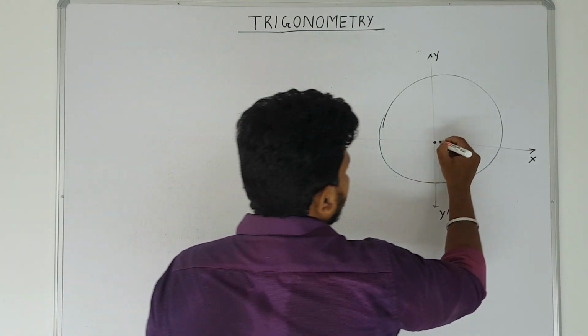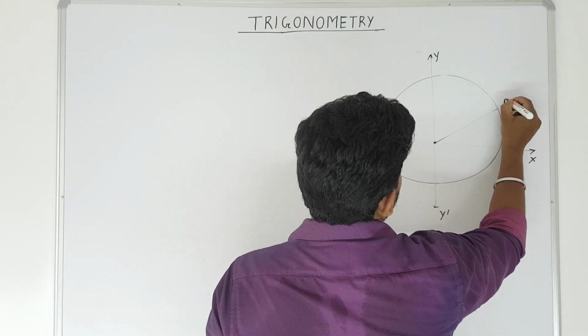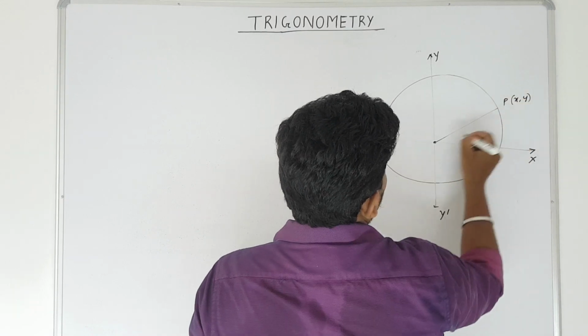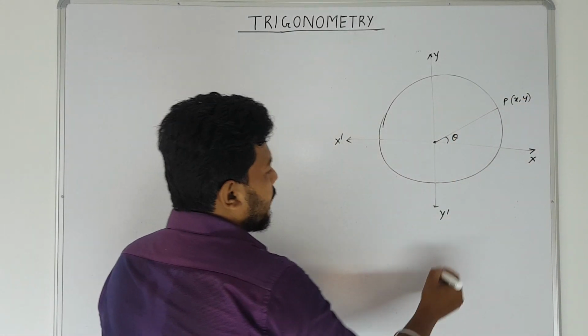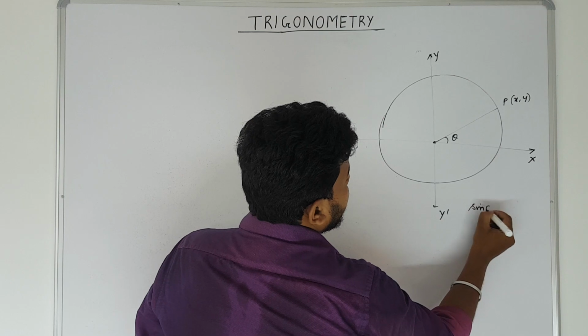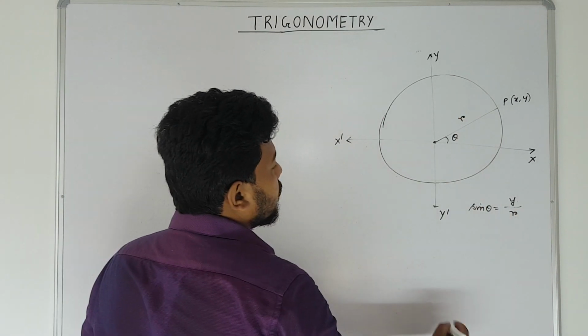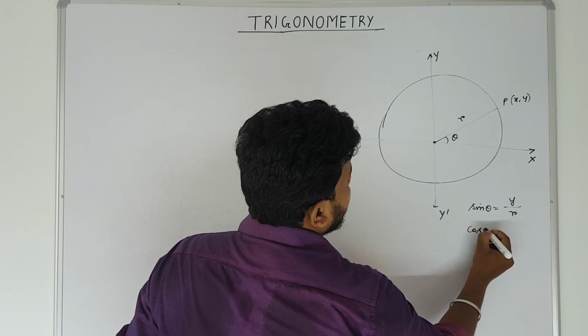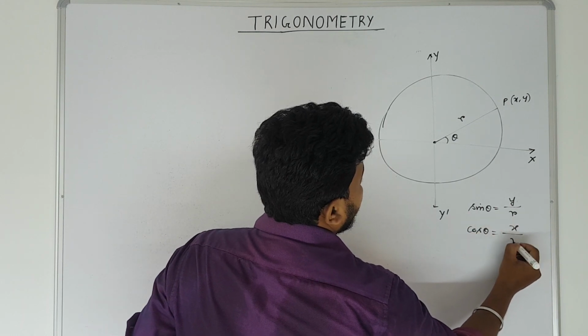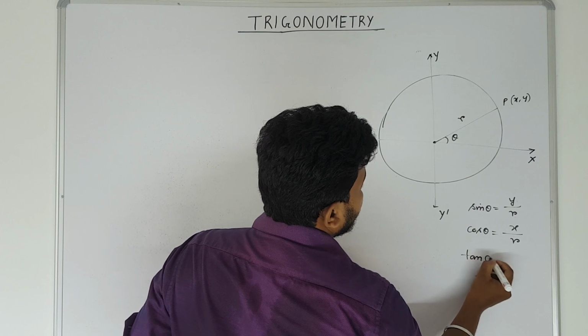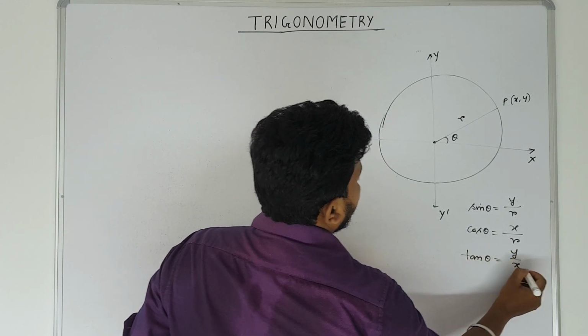Now for theta being an acute angle, this is P(x, y). We can say sine theta is equal to y by r, r being the radius, cos theta is equal to x by r, and tan theta is equal to y by x.